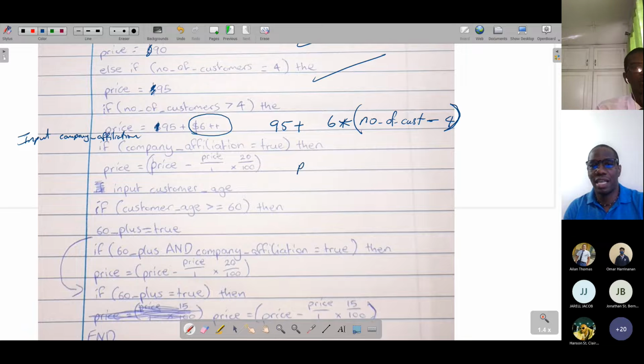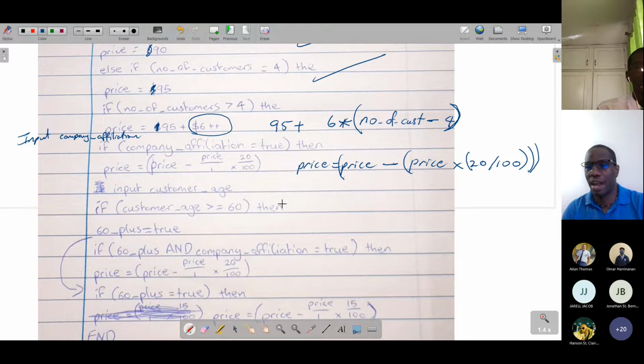So we say price is equal to price minus price multiplied by 20 divided by 100. If you want to put in your brackets, all right?